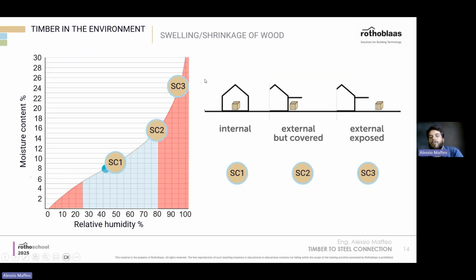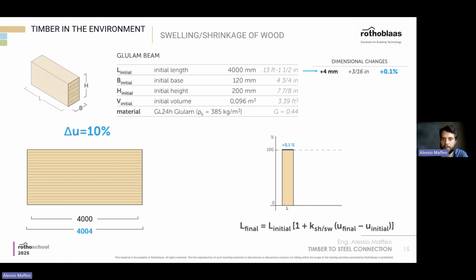These, in fact, are also the reason why we usually differentiate between service classes, meaning that if you go in the service class that is external, exposed to the environment, you can easily have a very big swell. And this means that also on connections, we have to apply some safety coefficients.